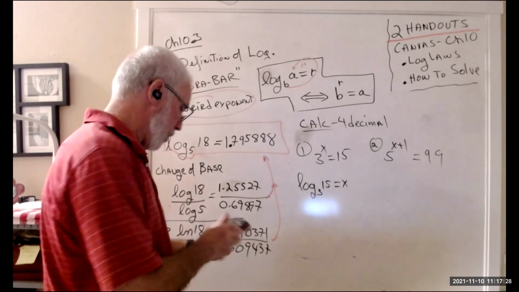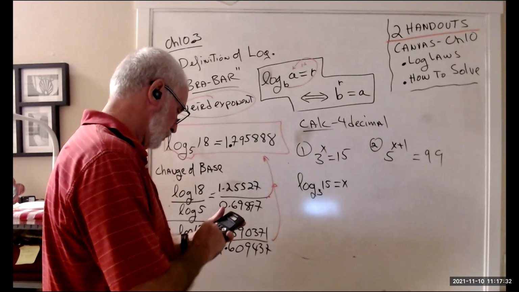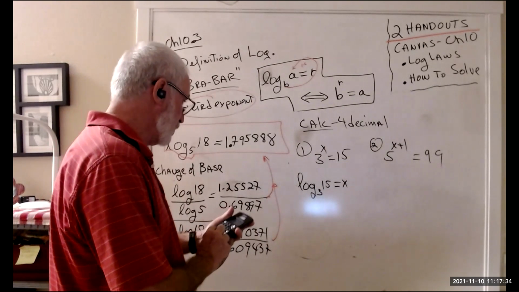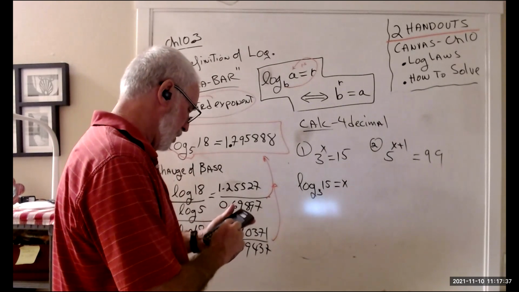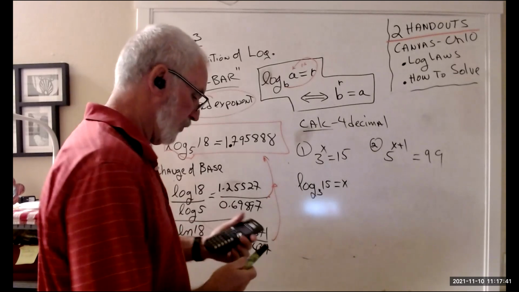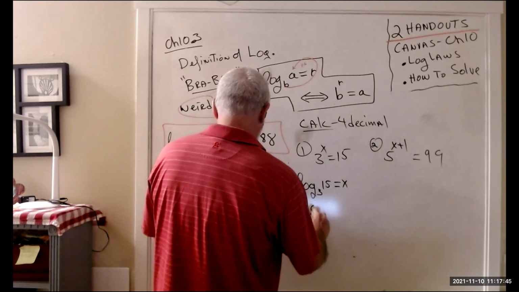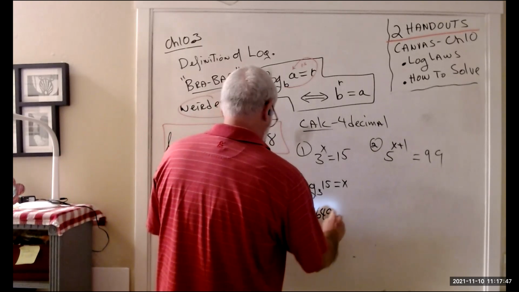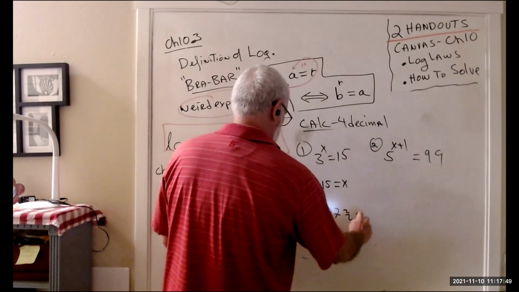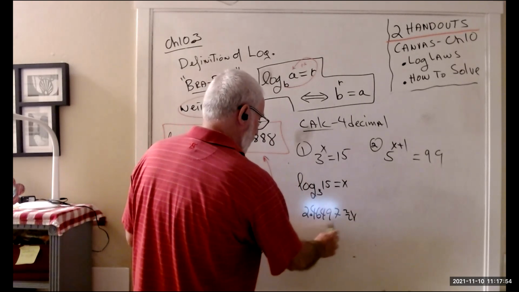So log base 3 of 15. Okay, so I get 2.46497 is approximately X, but I said 4 decimal places.